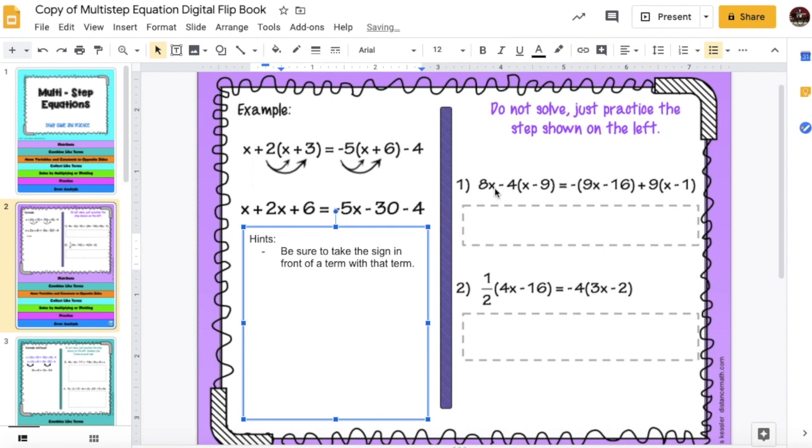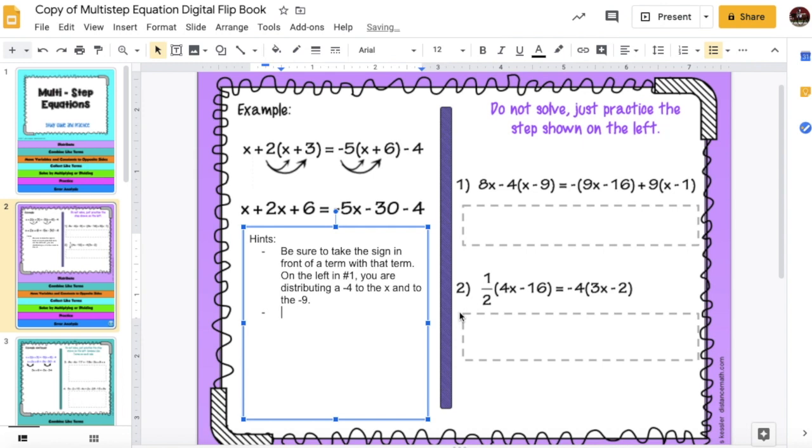So in problem 1, see how there's this minus 4? Think of that as a negative 4, and you have to distribute a negative 4 to the x and to the negative 9. Let me recap on the left. Number 1, you are distributing a negative 4 to the x and to the negative 9.